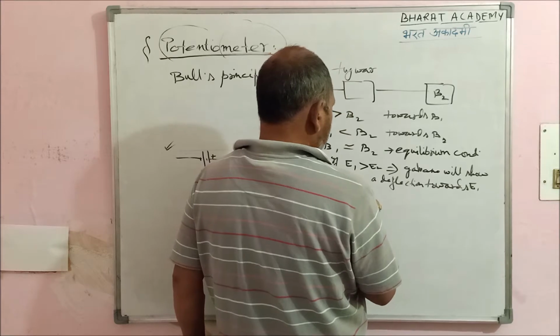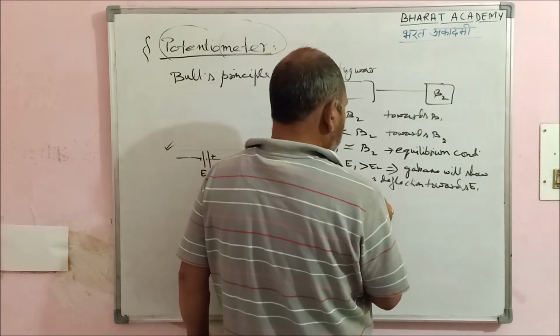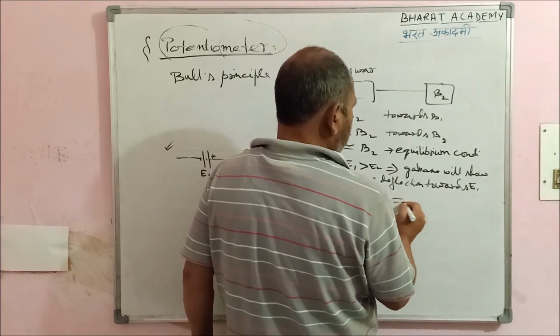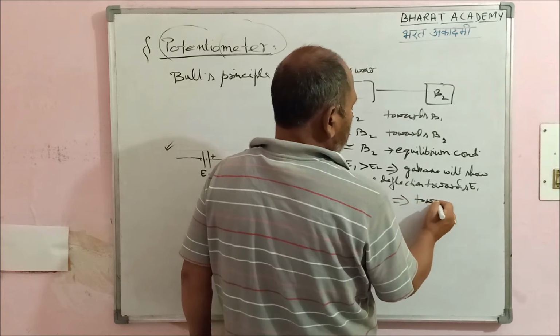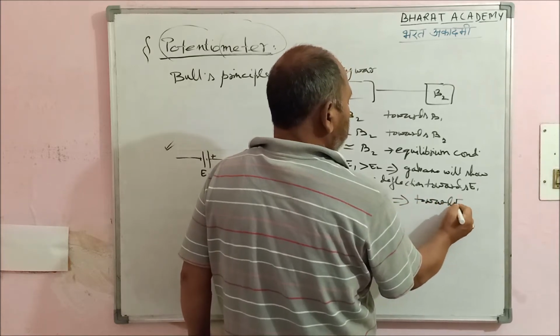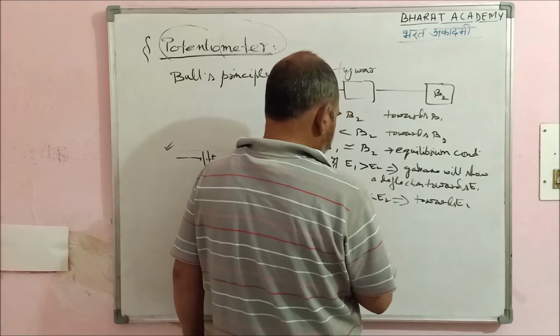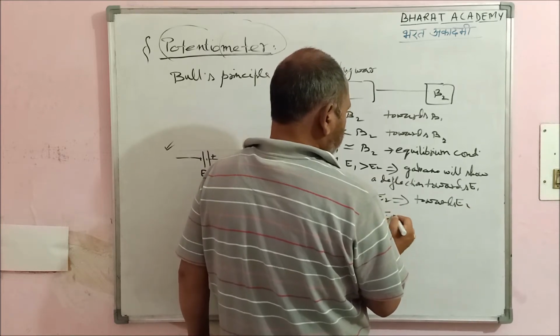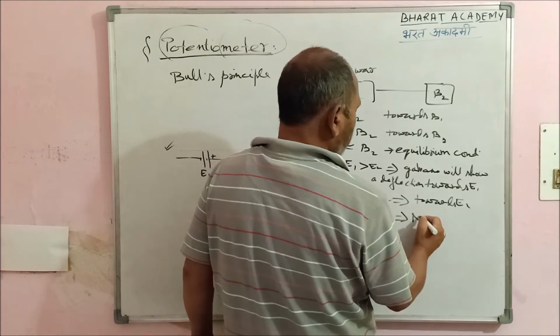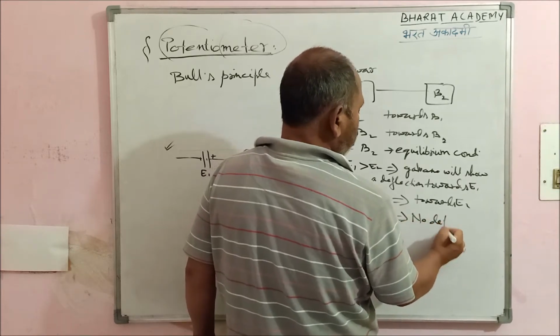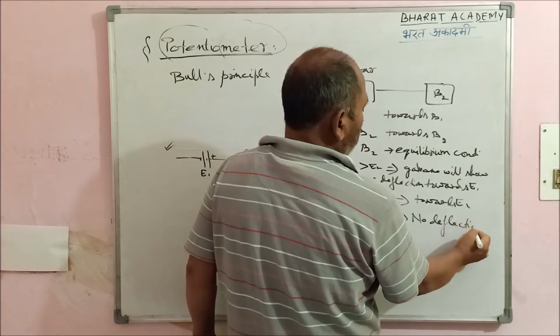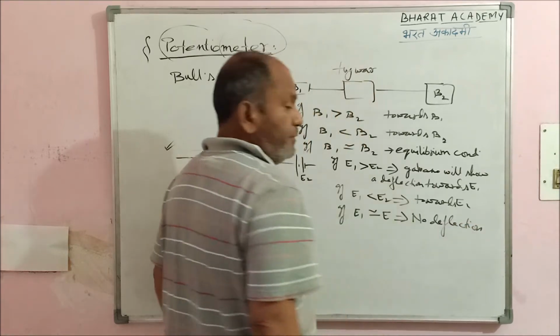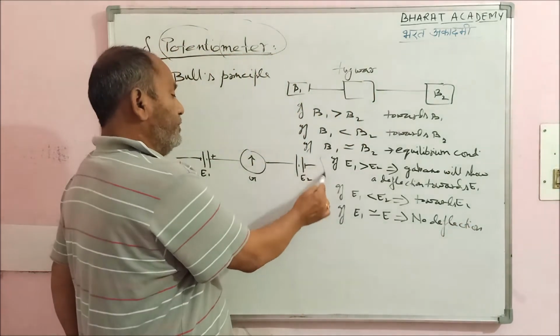If E1 is less than E2, then deflection will be towards E2. But if E1 is just equal to E2, then no deflection will be there. So this concept is used.